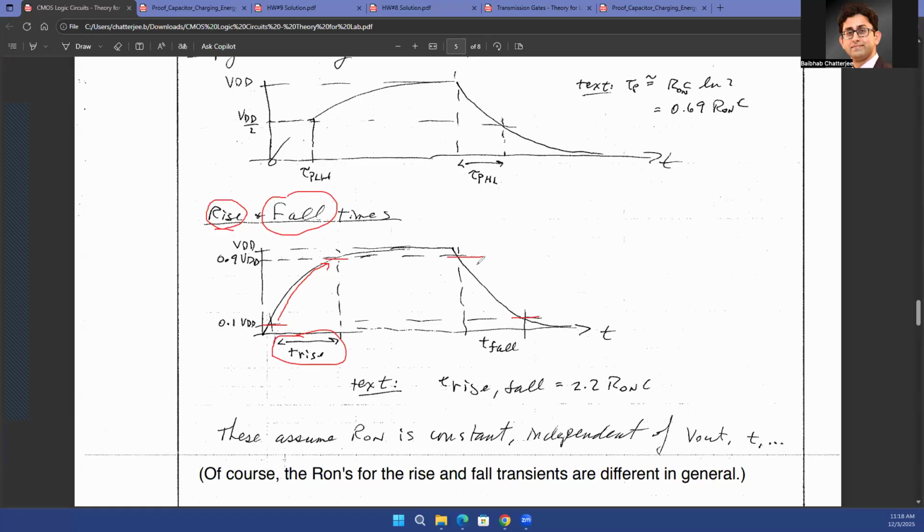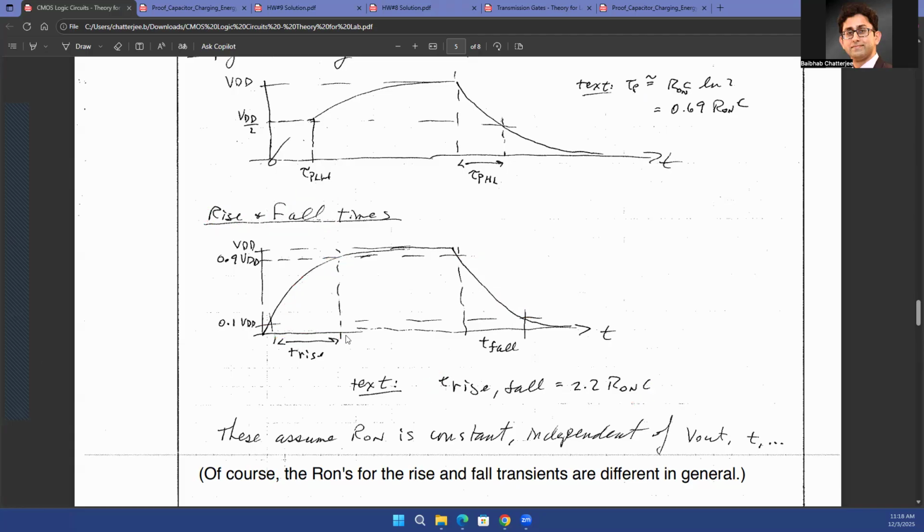Again, if your signal is falling from the 90% level to the 10% level, that is called the fall time. And you can prove that rise time and fall time is equal to 2.2 times R on times C. So tau p, which is the propagation delay for the 50% times, that's basically 0.69 times R on C. And rise time and fall time of 10 to 90%, that is 2.2 times R on C.